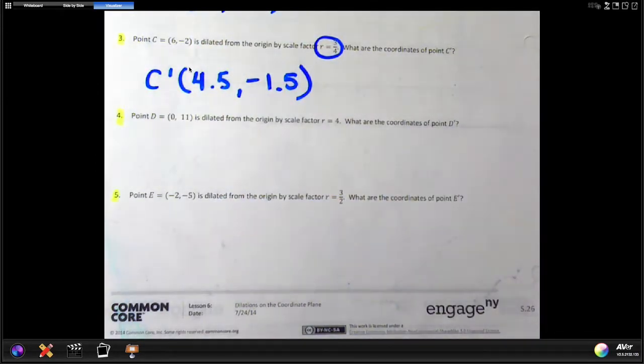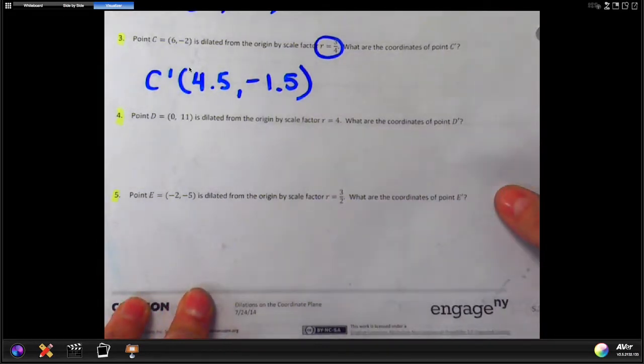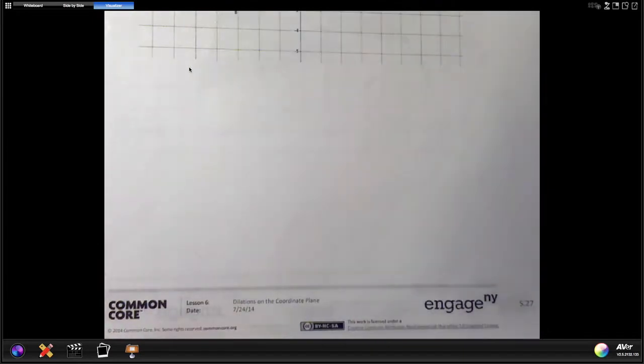Now, the second thing that we need to go over in this lesson 6 is on page 27. So aside from just being able to multiply coordinates when they're given to us, sometimes what we have to do is be able to identify the coordinate first and then multiply it.